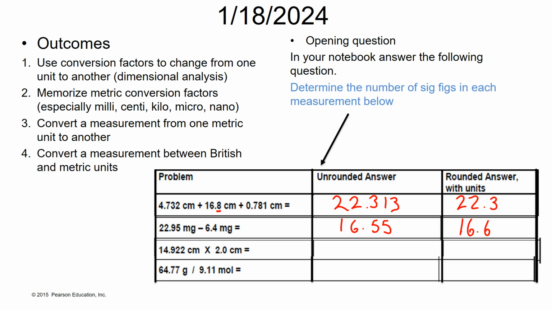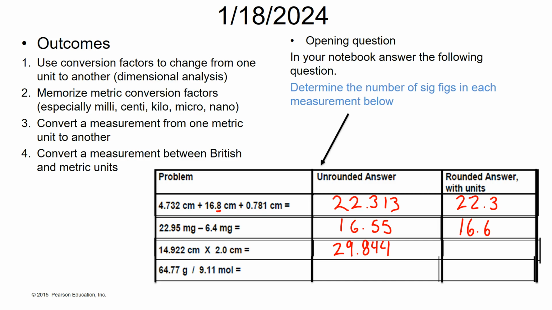All right. For our multiplication and division, remember the rule is it counts by the lowest amount of sig figs. So when we do 14.922 times 2, we get 29.844. And then how many sig figs should my answer have? 2.